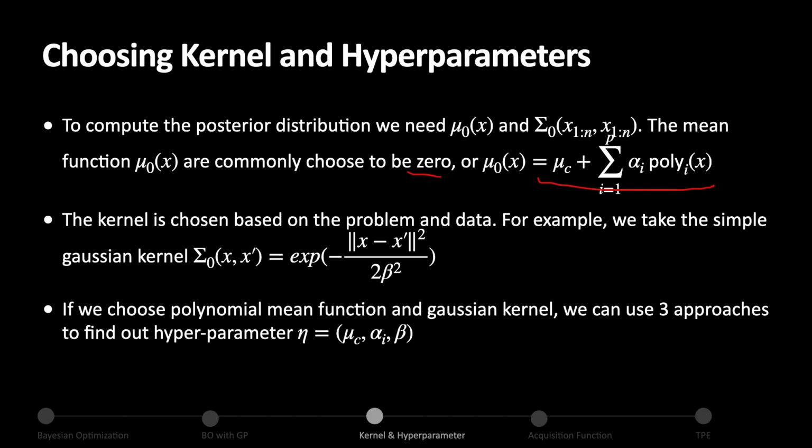For example, we can take a simple Gaussian kernel. So the covariance sigma 0 of x prime is the exponential of minus x prime squared divided by 2 beta squared. And here beta is also a hyperparameter for the Gaussian kernel. If we choose a polynomial mean function and Gaussian kernel, we can use 3 approaches to find our hyperparameter set, eta, which equals mu c, alpha i, and beta.